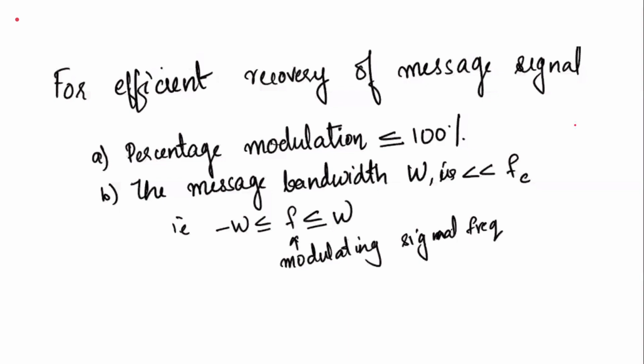For efficient recovery of the message signal, once you are modulating a signal, the percentage of modulation should always be less than or equal to 100. And as I said before, the message signal frequency should be very low compared to the carrier frequency, or the carrier frequency should be a very high value.